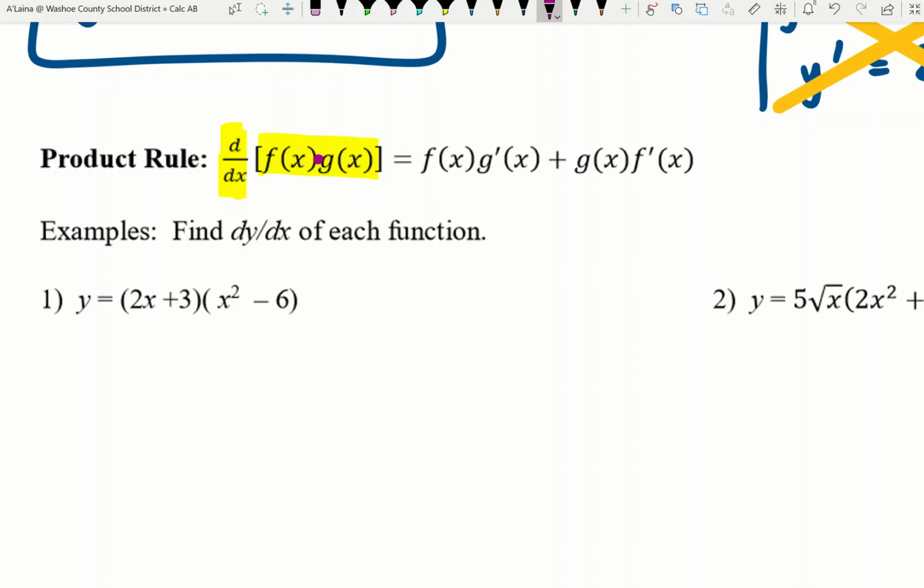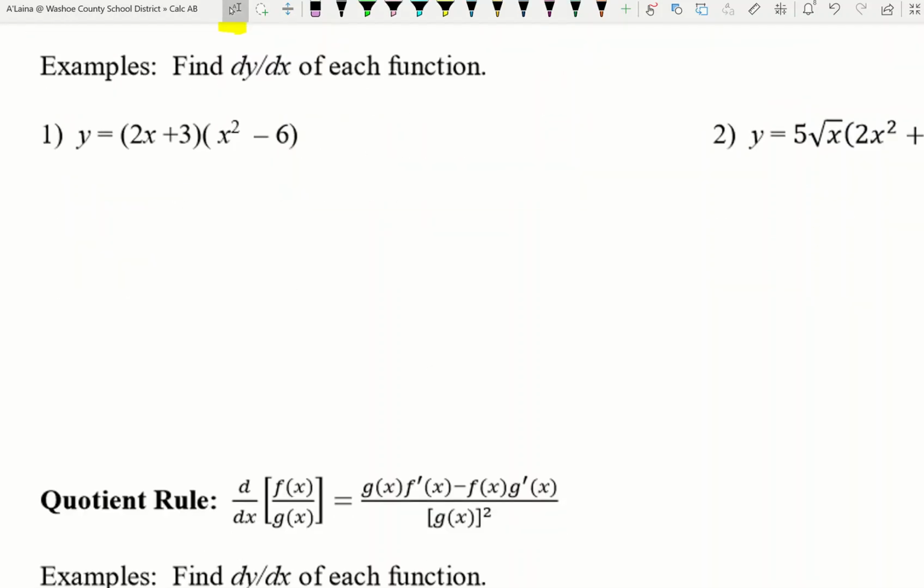The way you can find that derivative is you take the first expression and you multiply it by the derivative of the second. And you're going to add to that what you would get if you take the second expression and multiply it by the derivative of the first expression. In other words, each expression is going to be multiplied by the other expression's derivative. And then you need to add that together.